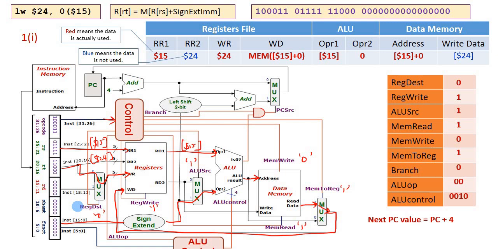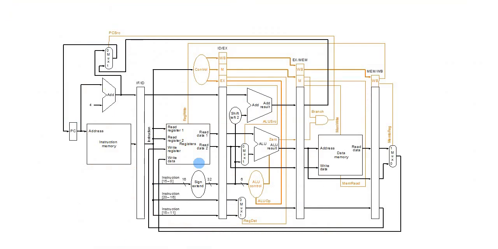What is important to note is that all of these are available from the control unit over here. The control unit is responsible for generating all these control signals. If I look back at my pipeline processor now, once I pass my instruction to the decode stage, I'm passing this instruction to the control unit together with the register file and the sign extension.